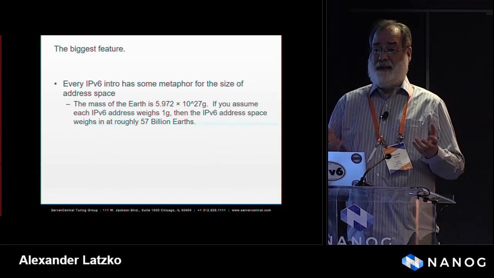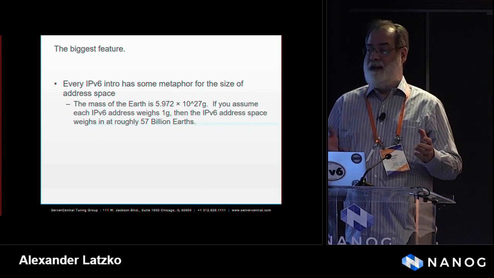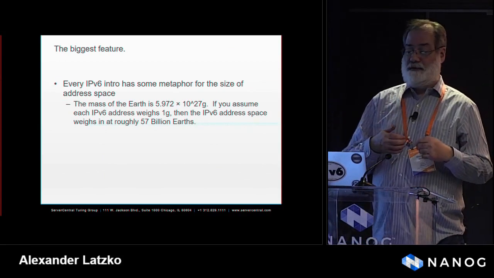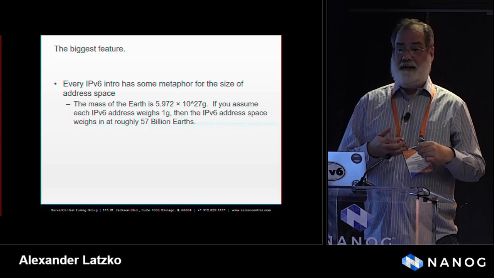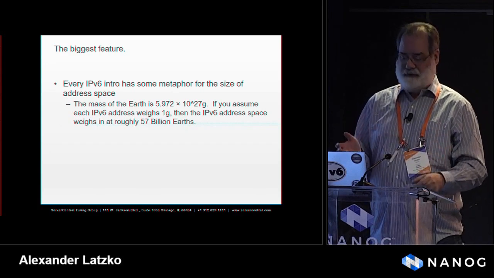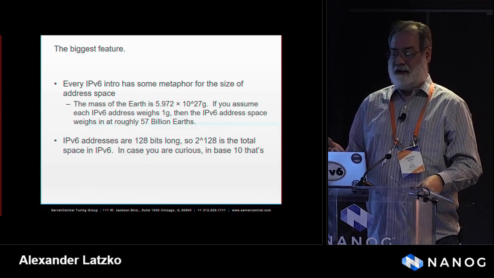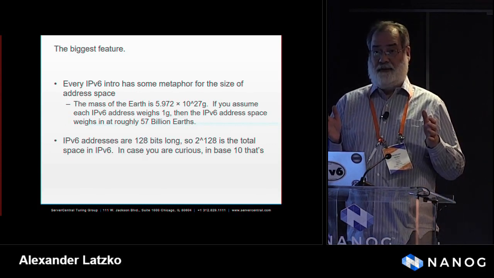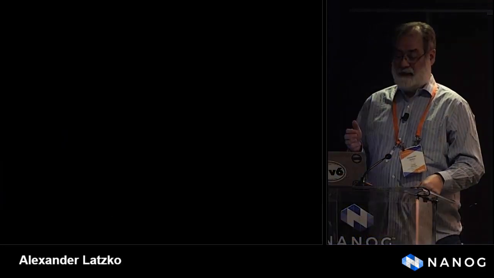So the biggest feature is space. There's a lot of it. Okay. Everybody has a metaphor. This is mine. Some people use the grains of sand on a beach, the number of stars, whatever. You can work it out. But it's a 128-bit long number, which is really kind of hard to do as a decimal.